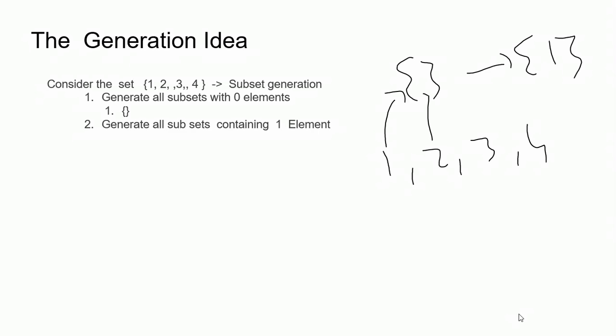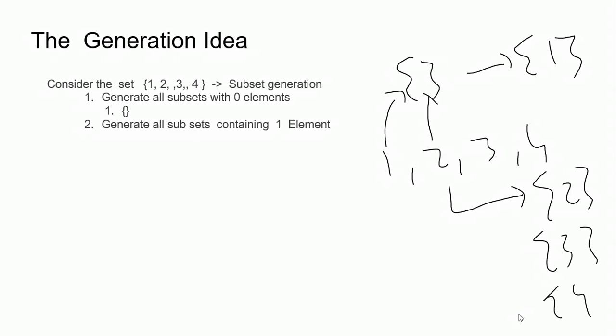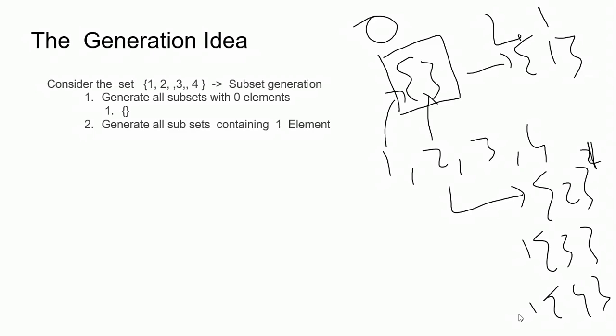If you add 2 to the null subset, the subset 2 is made. Similarly, subset 3 and subset 4 are made. The important point to observe is that given the previous subset, I am able to generate the current subset. Given the subset with 0 elements, I am able to generate subsets with one element.